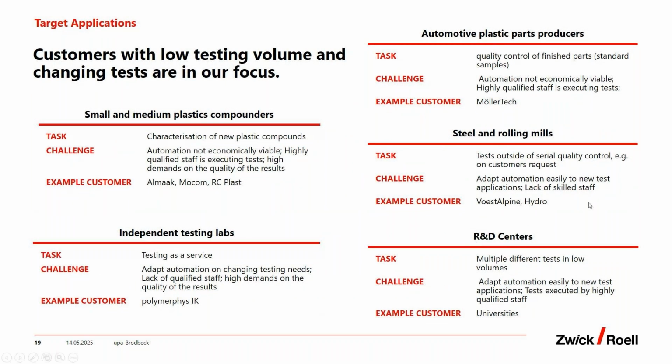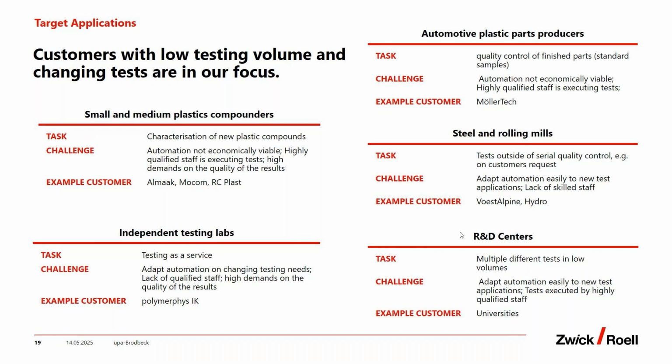We defined these application packages: Alex for small and medium plastics compounders, for independent testing labs, for automotive plastic parts producers, for steel and rolling mills, and for R&D centers. So for all of these five different applications, the concept of Alex is made.